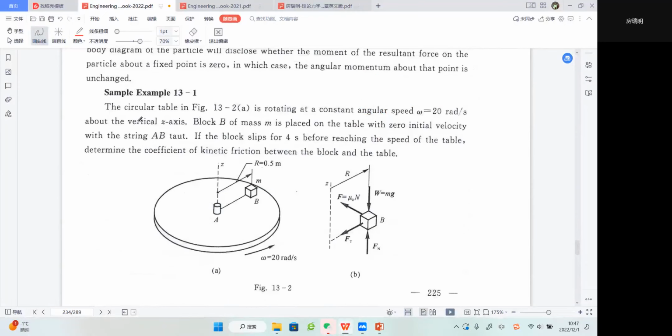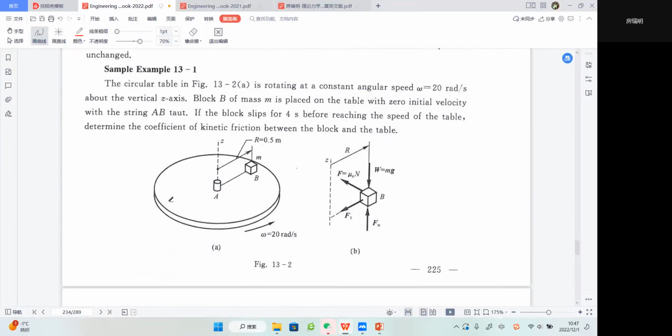So let's see, we have a sample example 13-1. You guys can just look at this picture, and I will read the paragraph. We have a circular table here, rotating at a constant angular speed omega equal to 20 radians per second about the vertical axis, the z axis.